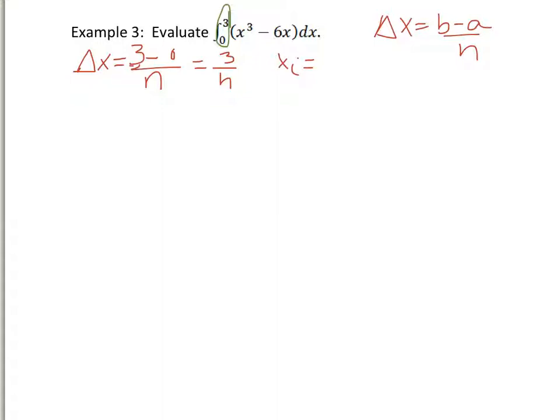For the sake of this video, since you'll be watching it if you need the help, basically the formula for xi is your change in x times i, plus whatever a is, whatever your starting point is. So in this case, our xi is going to be our change in x, which is 3 over n, times i, plus 0, because that's the a right here in the integral. And obviously we don't need to write 0, so we get 3i over n.